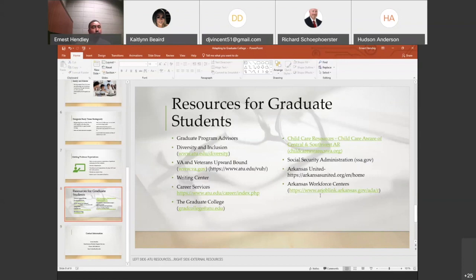Arkansas United, if you need some help with immigration paperwork, etc., documentation, is a great resource, and then also Arkansas Workforce Centers can help build up workforce in a state if you're interested in working within the state of Arkansas. So those are some external resources that you can use.